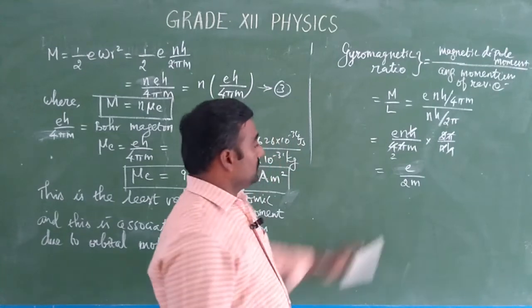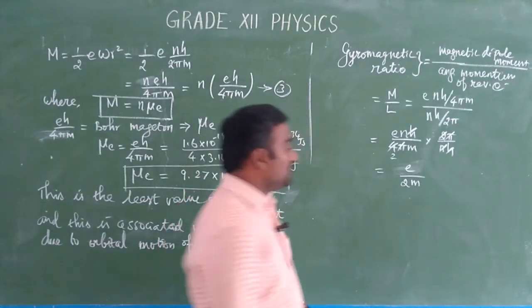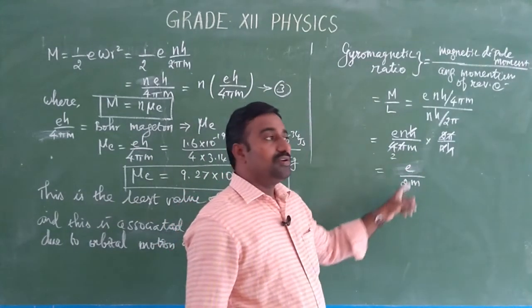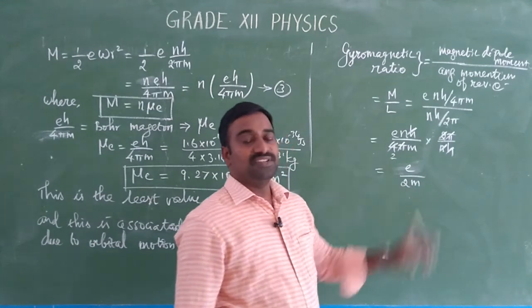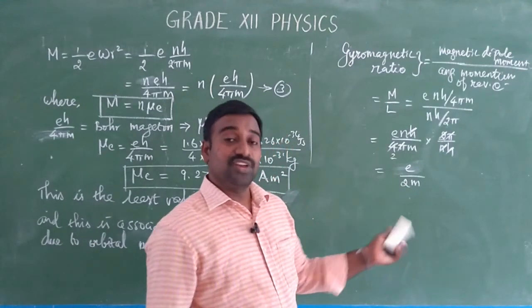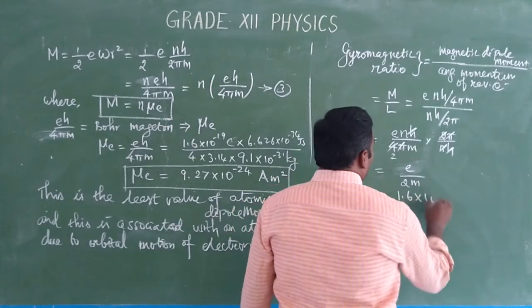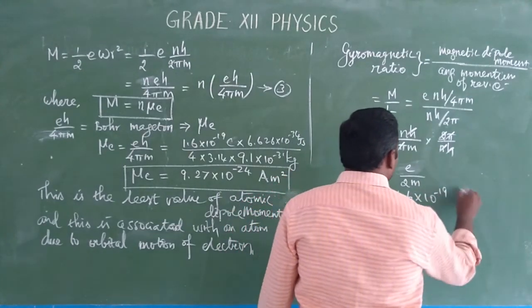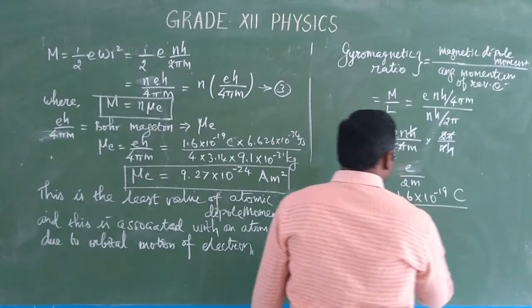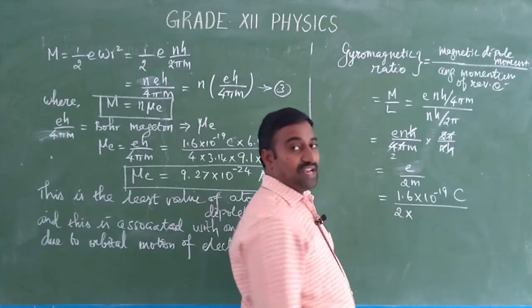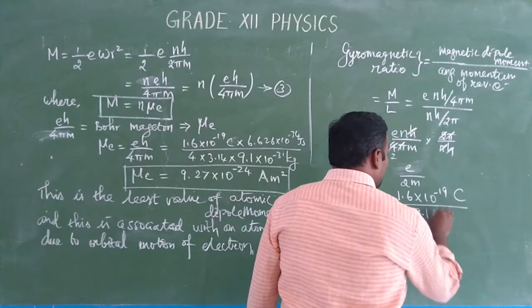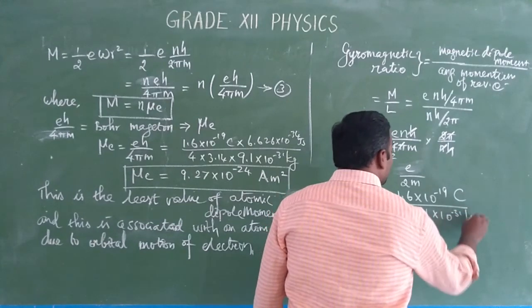Okay. So the gyromagnetic ratio is the ratio between the charge of an electron to double the mass of the charged particle. Substituting the values, the electronic charge is 1.6 into 10 to the power minus 19 coulomb divided by 2 into the mass of the electron, which is 9.1 into 10 to the power minus 31 kilogram.